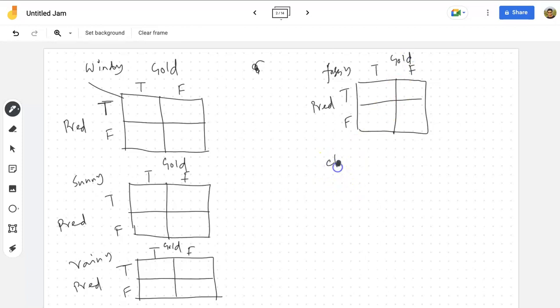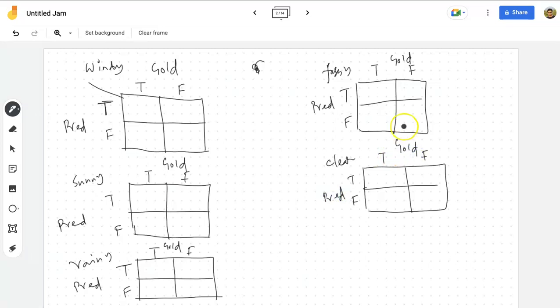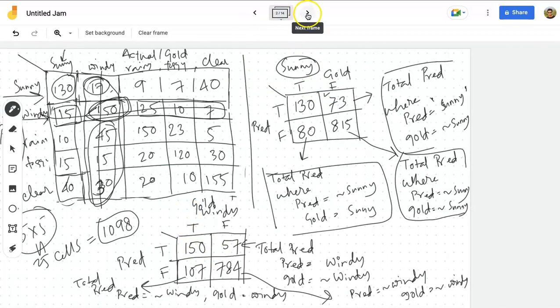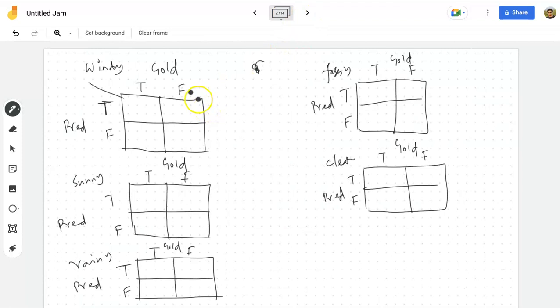And the last is clear, so there is the clear weather. We already calculated the values for sunny and windy in the last slide, so I will just copy the values.